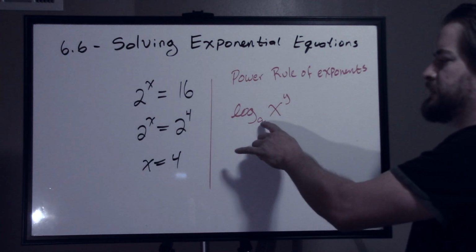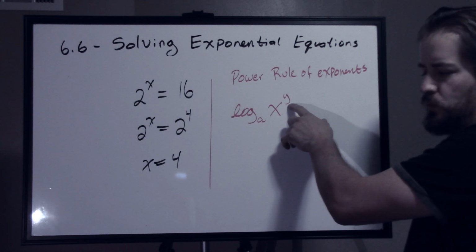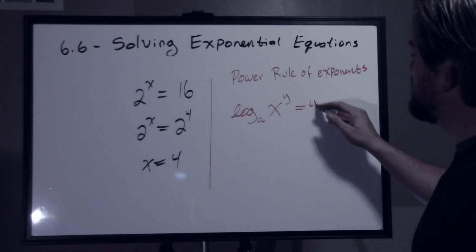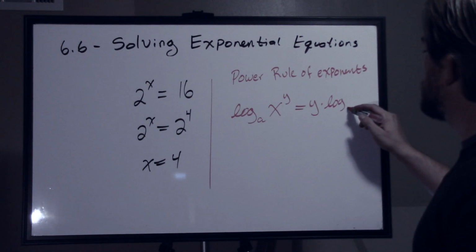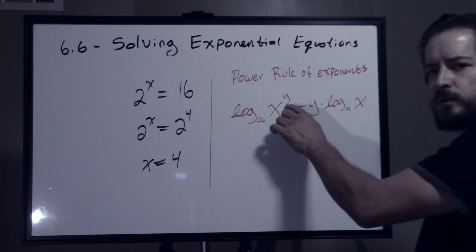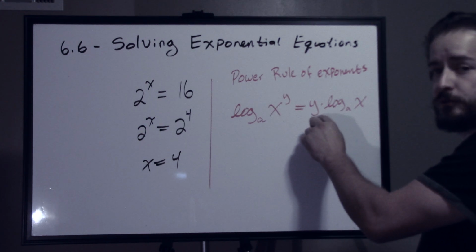So the base doesn't matter, the x doesn't really matter, but if there's a y here, the nice part is I can say that this is the same as y times the log base a of x. If it's a power of the thing inside the log, it can come down as a multiplier in front.